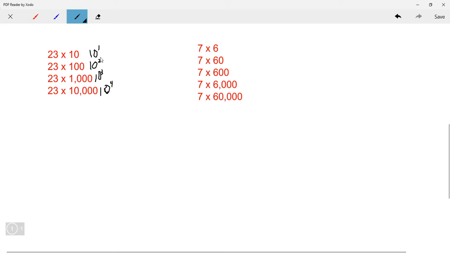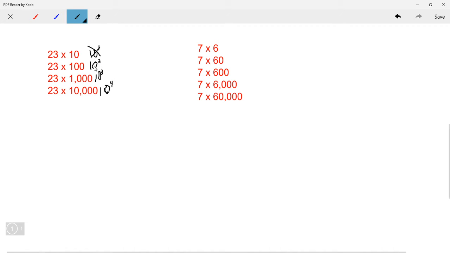And what an exponent means is, obviously every number is to the first power, right? So 10 to the first power. We don't really need to worry about this one.